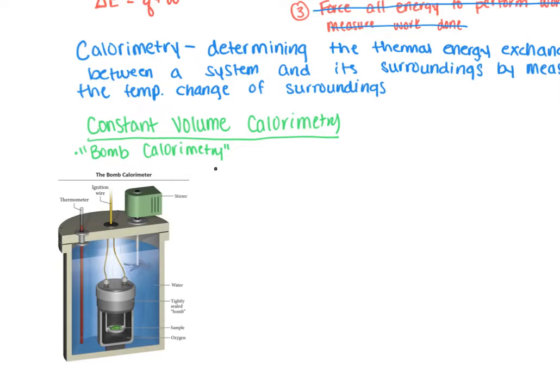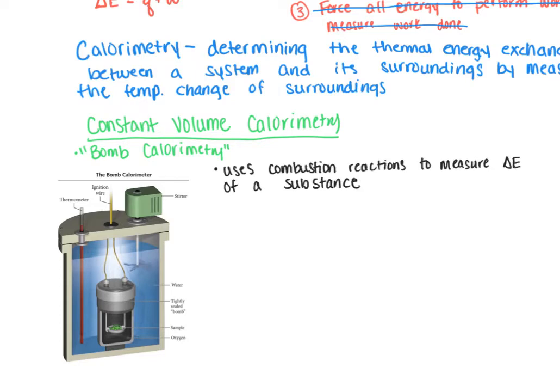So bomb calorimetry uses combustion reactions to measure the internal energy of the combustion of a substance. So again, that's why we need to have oxygen in our sample chamber.